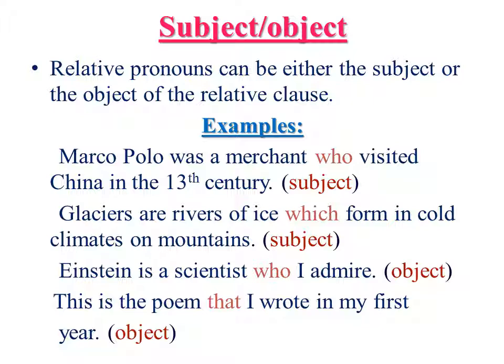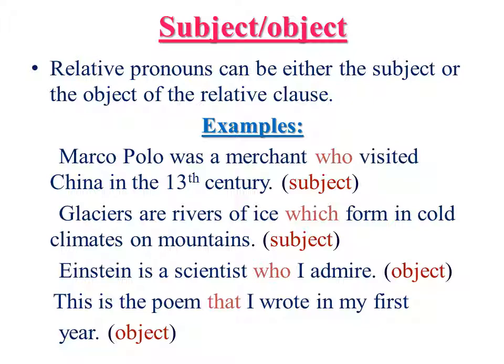Glaciers are rivers of ice which form in cold climates on mountains. So which here is the subject of my relative clause. Einstein is a scientist who I admire. So who here is the object of the relative clause, the object of scientist.